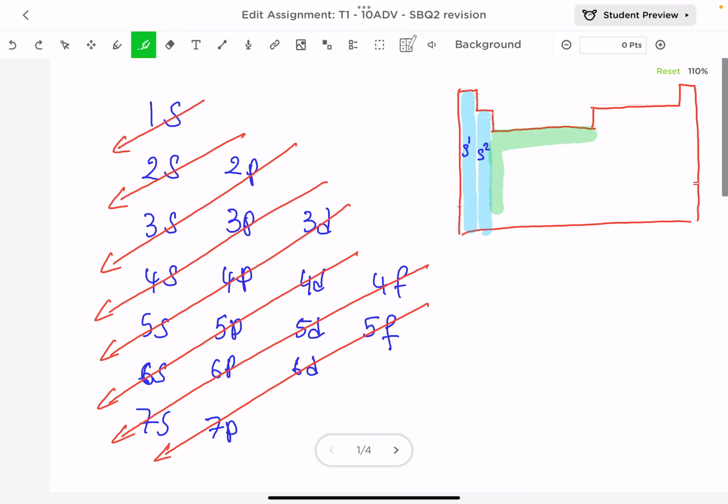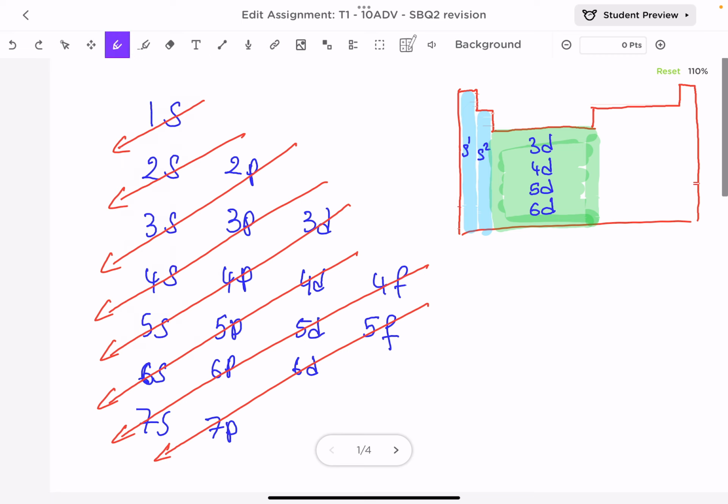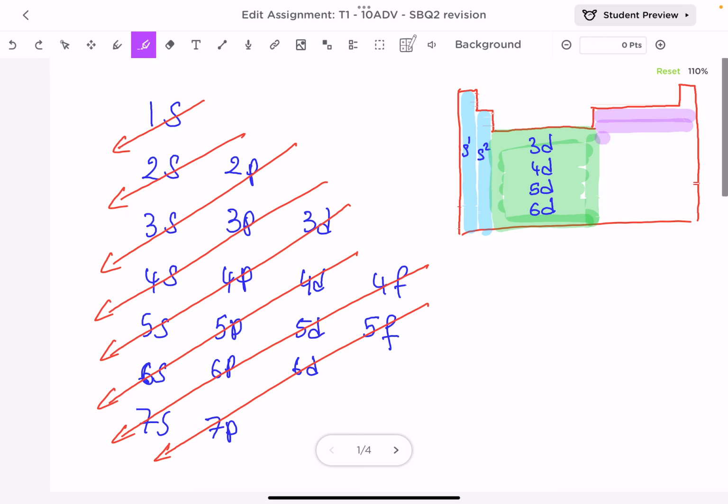The first d is 3d, then 4d, then 5d, then 6d. Not to forget this one. And eventually, last, here's the area of p. So here's p1, p2, p3, p4, p5, p6. Okay, so I hope that this is clear.